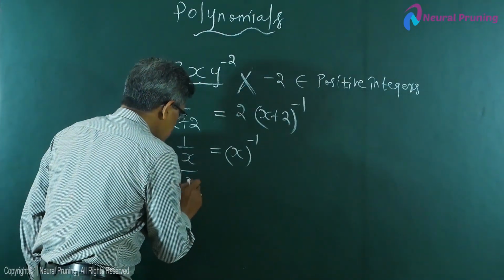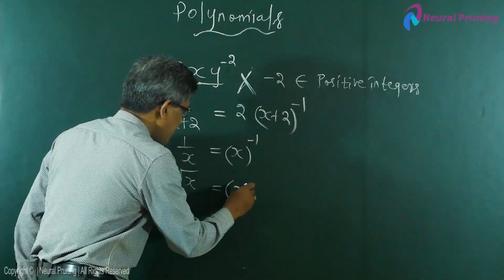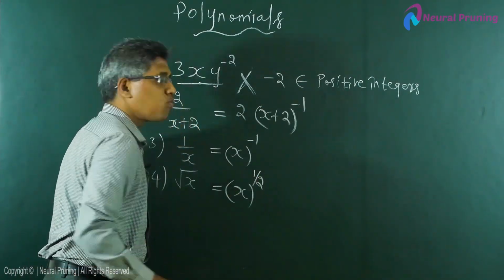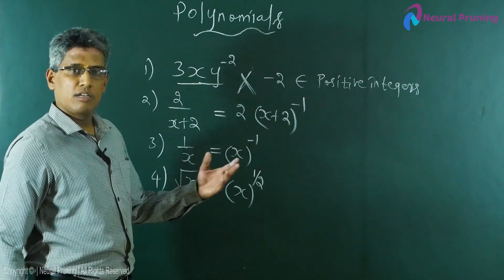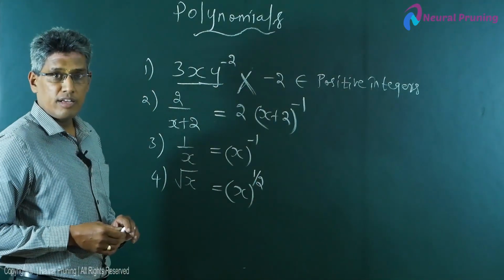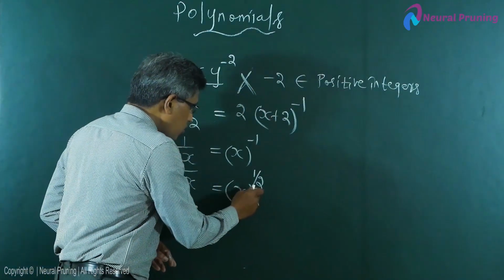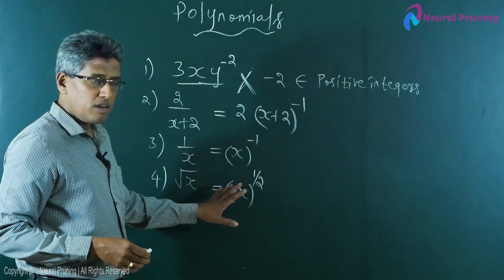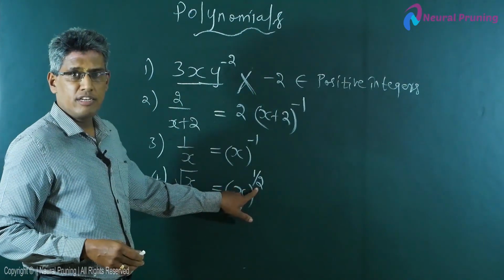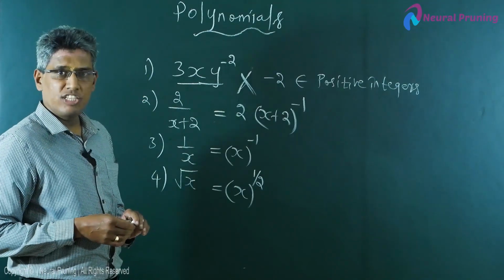In the last case, root x, you can rewrite this as x raised to the power 1 by 2, and as you clearly know, 1 by 2 is not an integer. So it cannot be called a polynomial because the exponent does not belong to the set of positive integers.